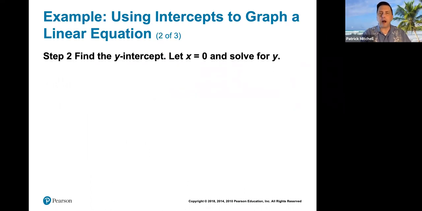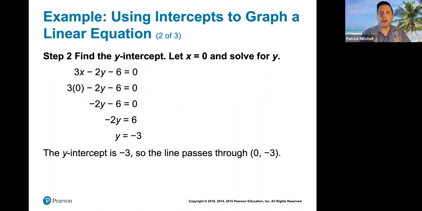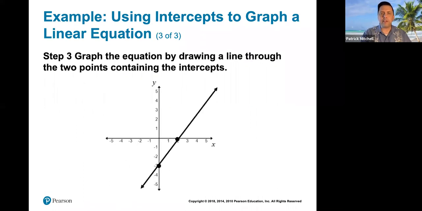And then we'll find the y-intercept by setting x equal to 0. That's going to give us negative 2y minus 6 equals 0. Add 6 to both sides, you get negative 2y equals 6, which means y is negative 3. So now we're talking about the point (0, negative 3). So this line passes through (2, 0) and (0, negative 3). So we've drawn the line going through those 2 points.